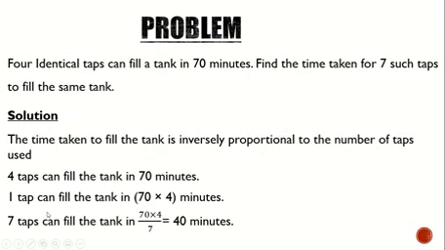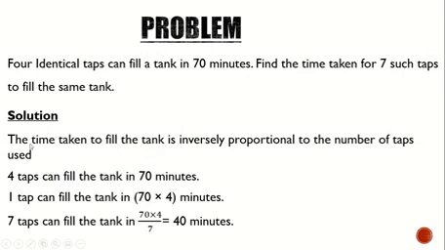The next problem is: 4 identical taps can fill a tank in 70 minutes. Find the time taken for 7 such taps to fill the tank. In this question we have to find the time for 7 taps.